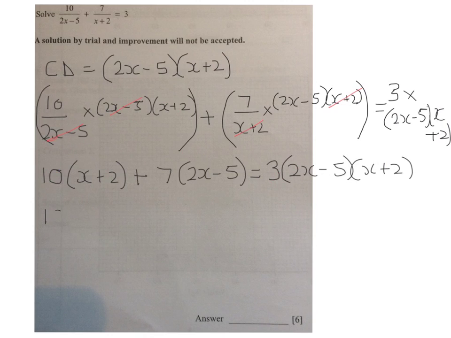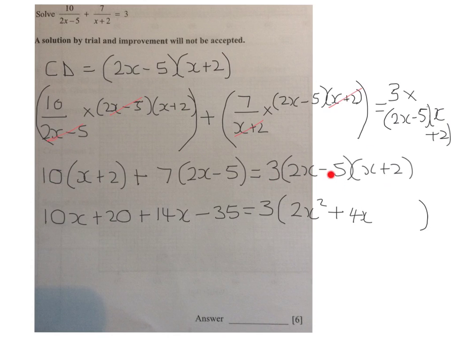So we get 10x plus 20 plus 14x minus 35, and that is equal to 3 upon, and this is where we're going to multiply out these brackets using FOIL. So 2x times x is 2x squared, and then we've got our outside terms, 2x times 2, and that gives us plus 4x.